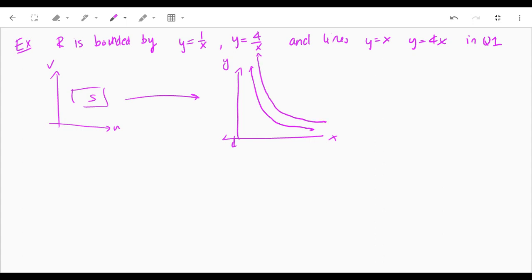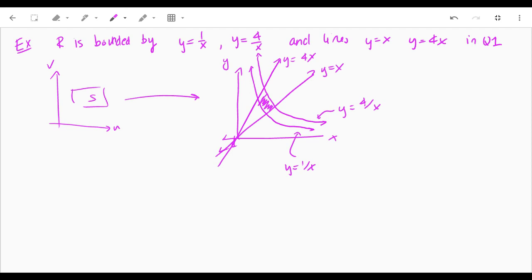Not the best drawing there, but this would be y equals 1 over x, this would be y equals 4 over x. And then we're going to have y equals x and y equals 4x. Okay, so we're talking about this region R right here.